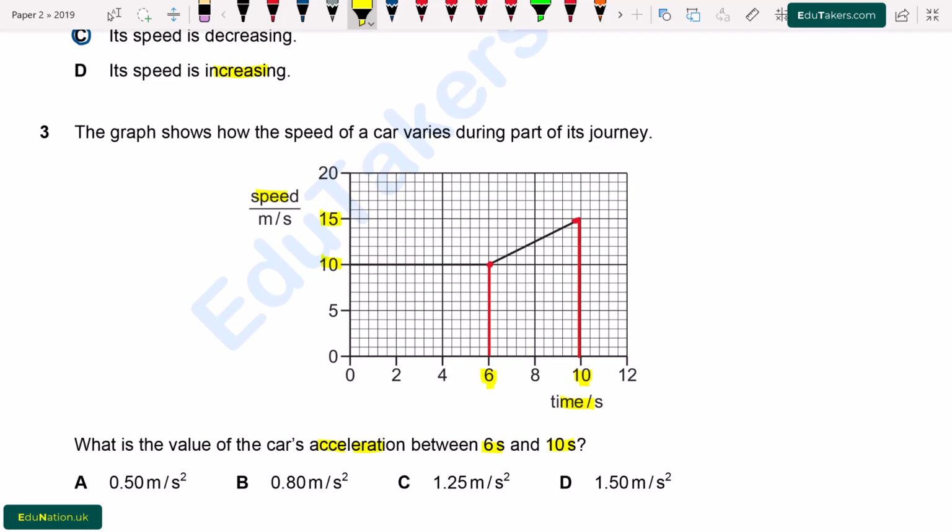The slope of the speed-time graph is basically equal to acceleration. So I write here, acceleration is equal to the slope of the speed-time graph.